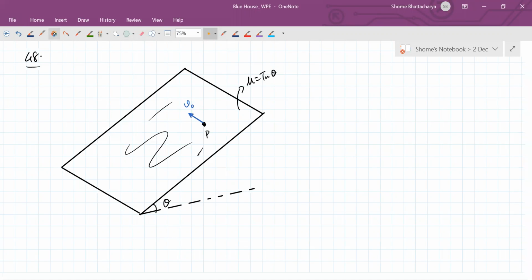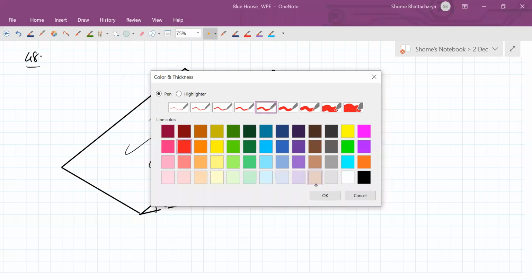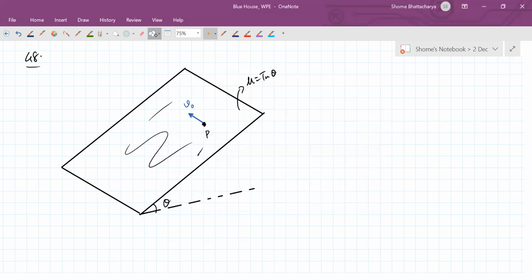Now to understand this problem geometrically better, we'll develop a system of coordinates where we'll take this as our x-axis, this as our y-axis, and therefore our z-axis, x cross y, will be coming out of the plane. So the z-axis will be like this.